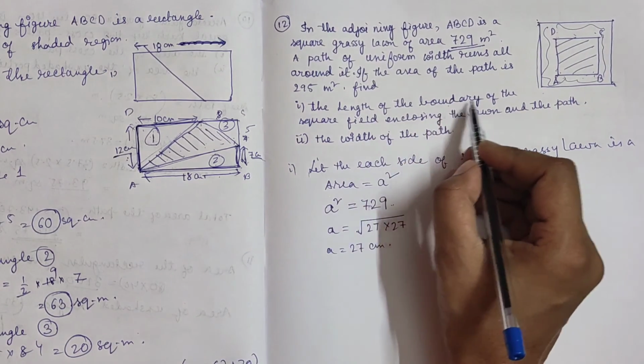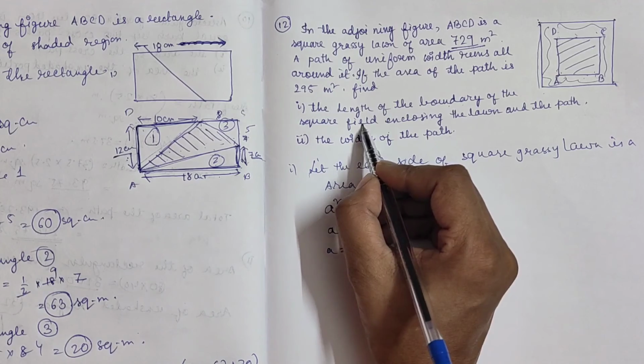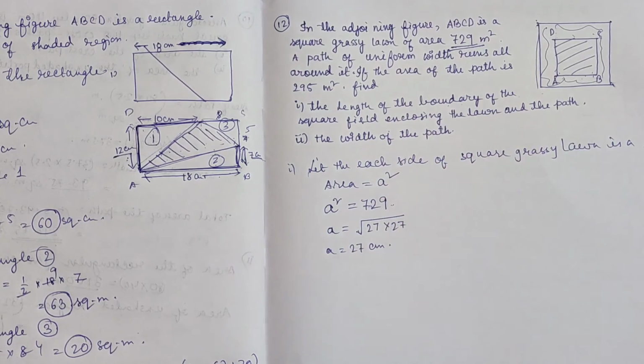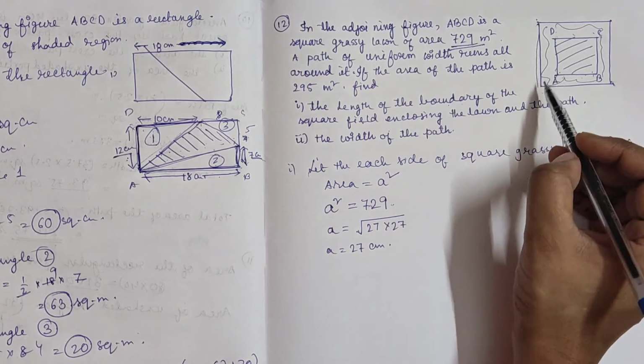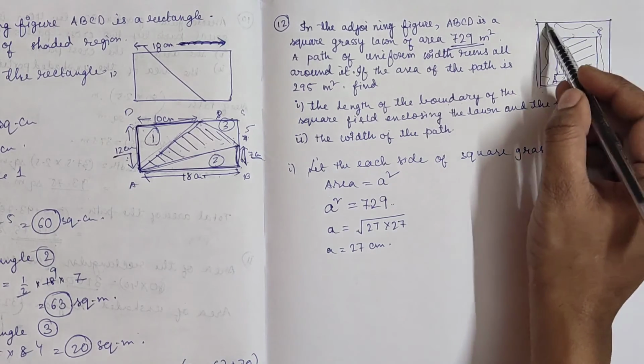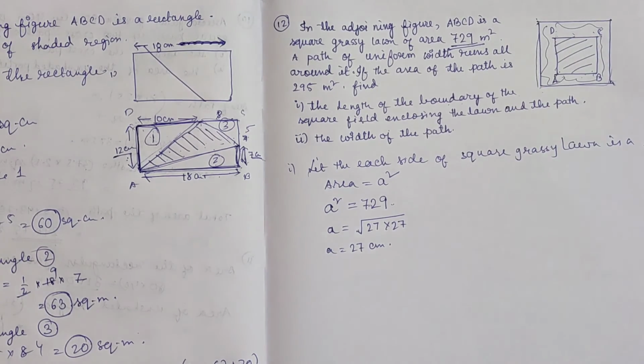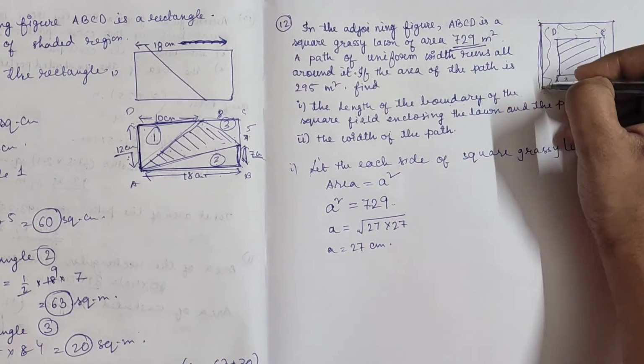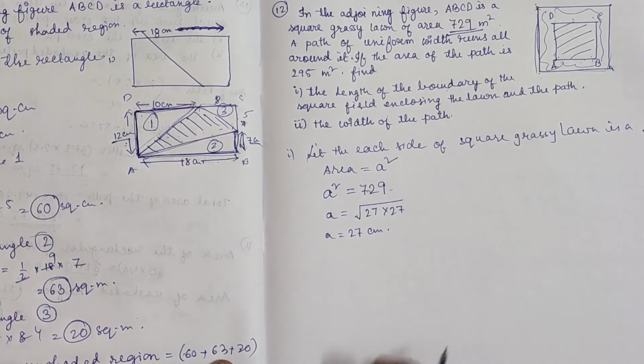The length of the boundary of the square field enclosing the lawn and the path, we have to find out. So let's find out each side of the big square. We don't know this one also.